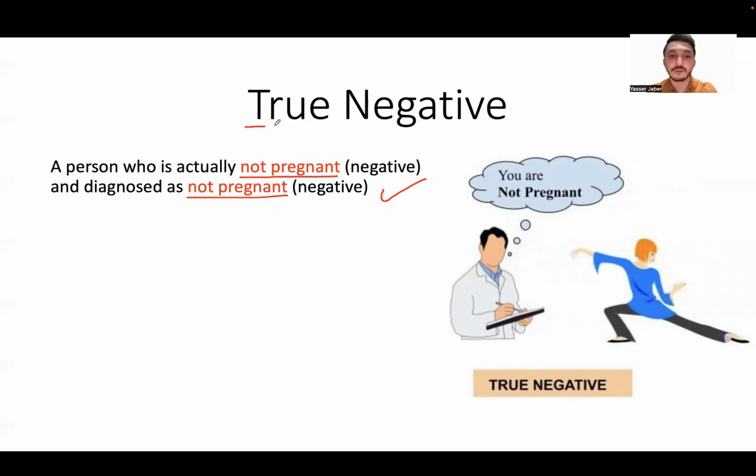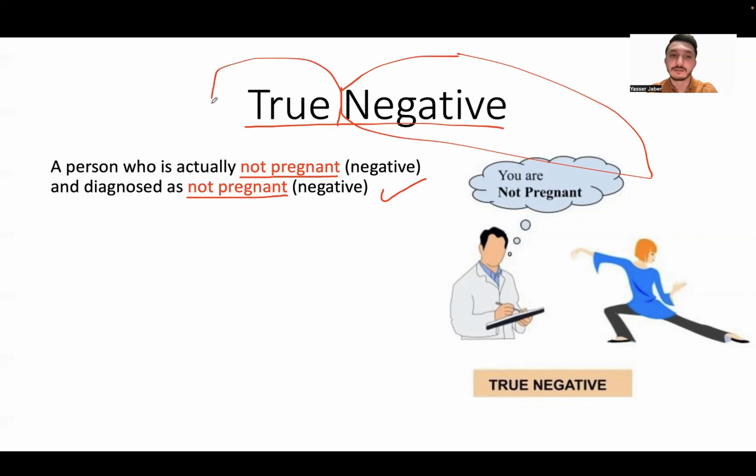This is also called true negative, meaning that it is negative. The value was negative, and our model's predicted value was negative, and the real value is true, so it is true negative.